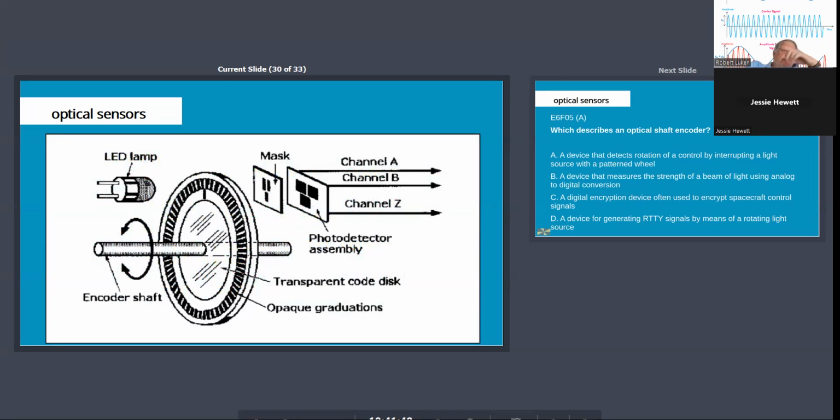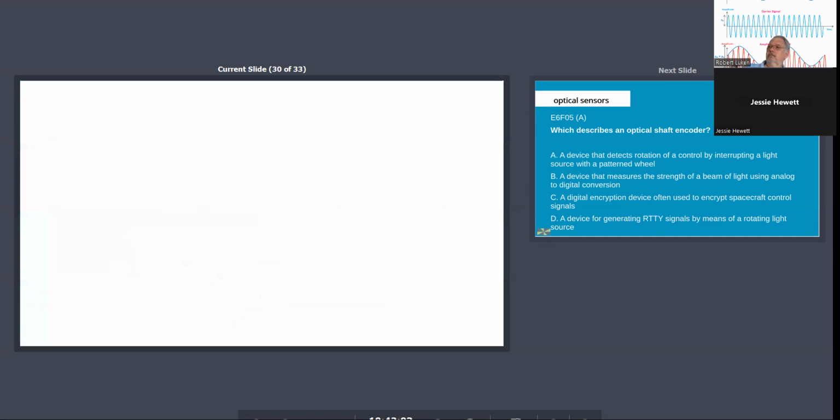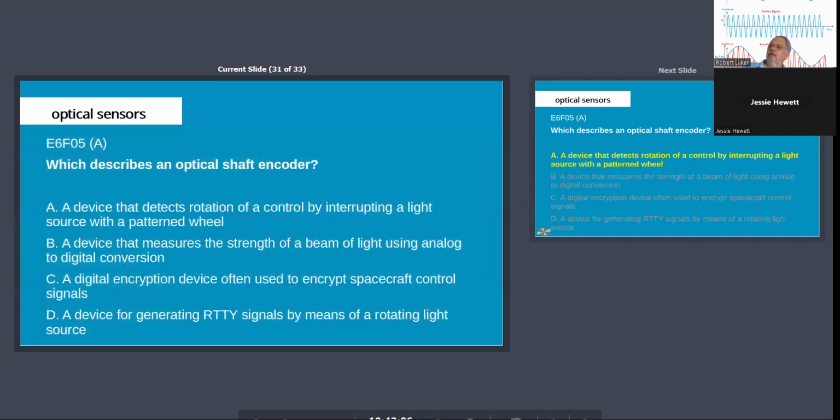It's like a clear plastic wheel, almost like a negative for film. So they can do very high resolution. I've seen them with 1,000 points. So what describes an optical shaft encoder?